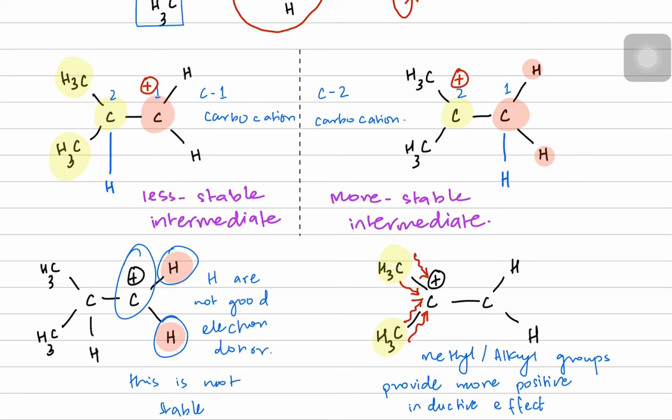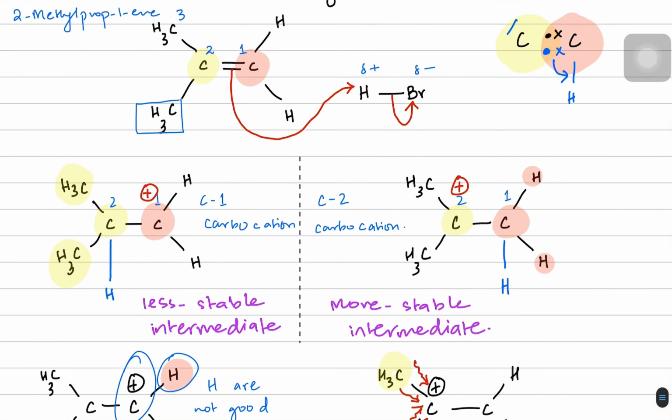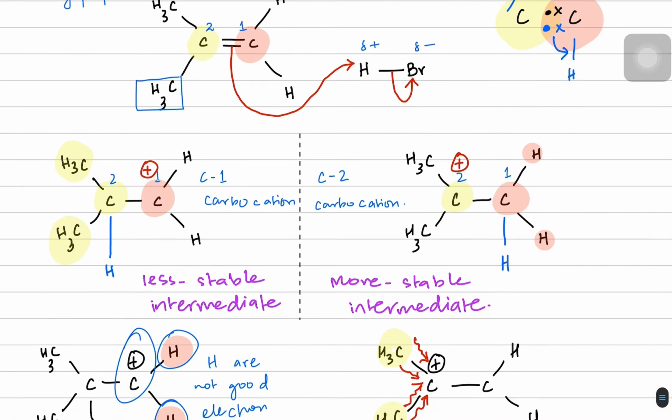So at the end, we know that when the pi bond is donated to the electrophile, you can have two possible intermediates for an asymmetrical alkene, either a less stable intermediate with less positive inductive effect or a more stable intermediate with more positive inductive effect.